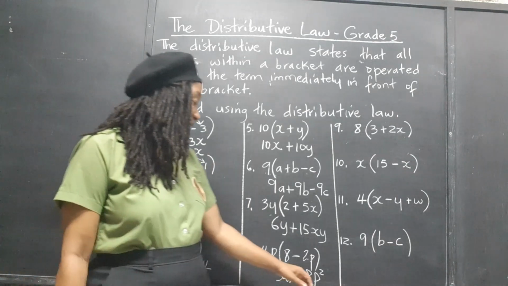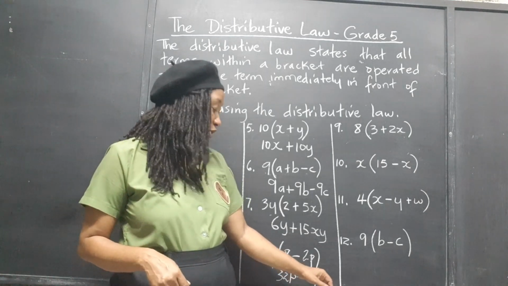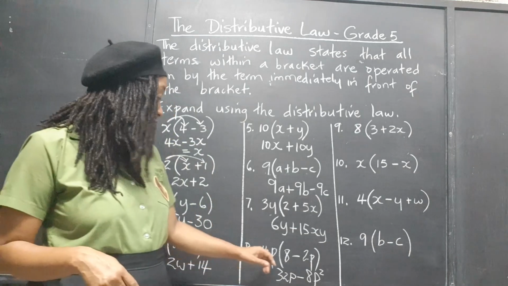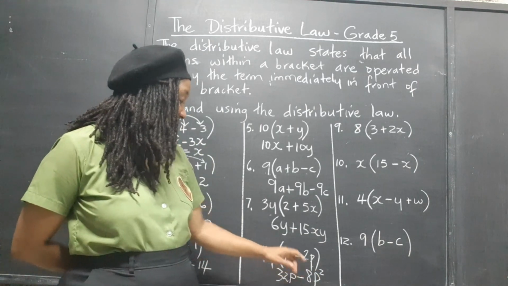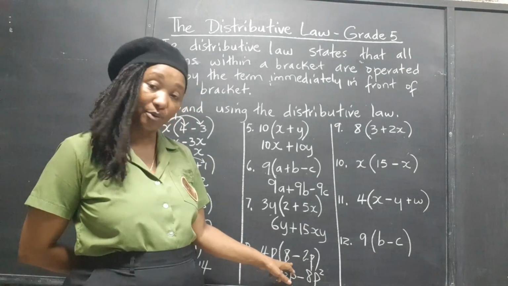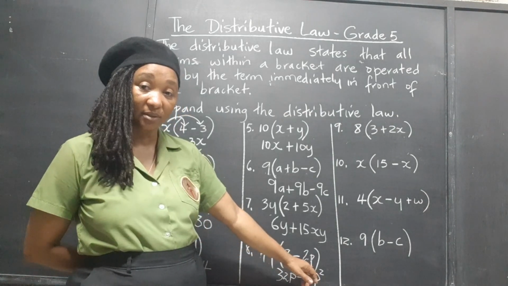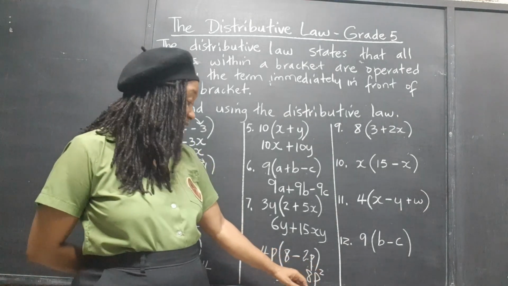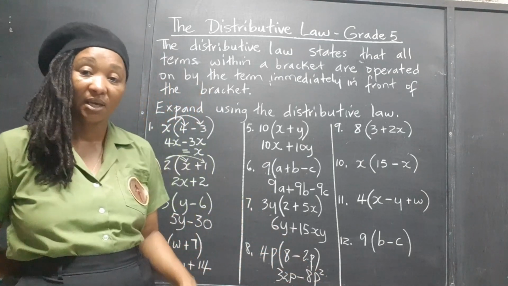So since it's a variable, we don't know the value of the p, we have to write back the p, but show that we're squaring it, because we're multiplying it by itself. So 4p times 8 is 32p, one single p because this had no p. But 4p times 2p, that's going to give 8p squared. P times p is p squared.